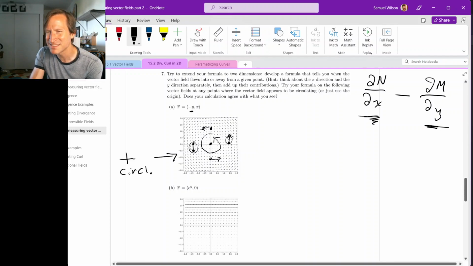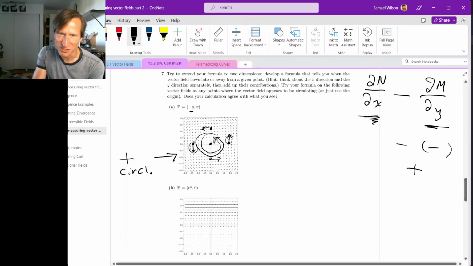So we need a minus sign here and not a plus. Because now when this one is minus, this minus sign will make it a plus, and that is causing a positive circulation. So we have to be careful with this minus sign right here.